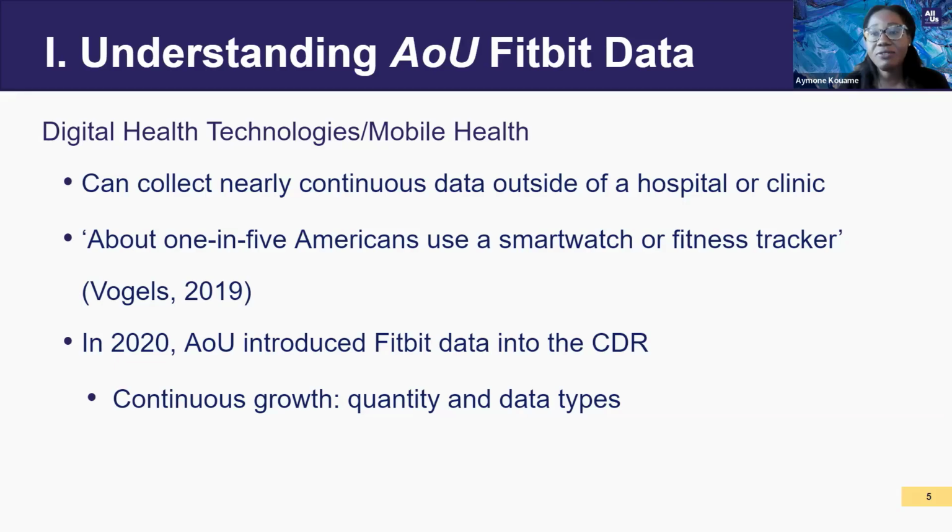This is a very rich raw data source that can be very useful for our researchers, which is why in 2020, AOU decided to introduce the Fitbit into the CDR. We continue to grow both in data types and in quantity, and we're exploring other sources of data besides Fitbit for future releases. Next.